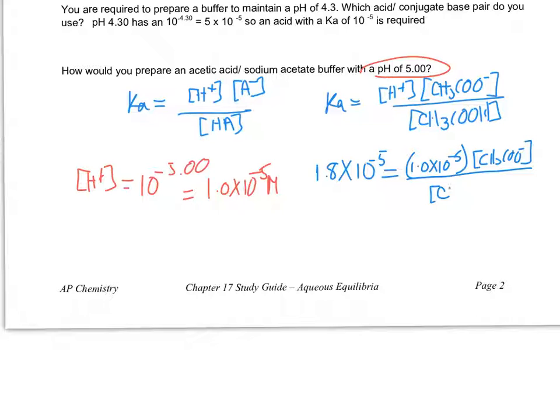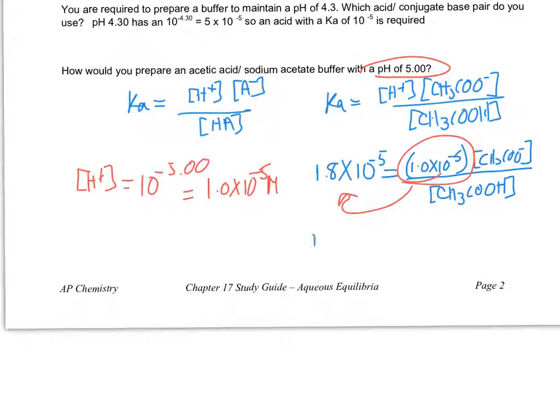My acetic acid concentration goes there. If you were to move this value to the other side, it would go in the denominator, right? So let's rewrite that.